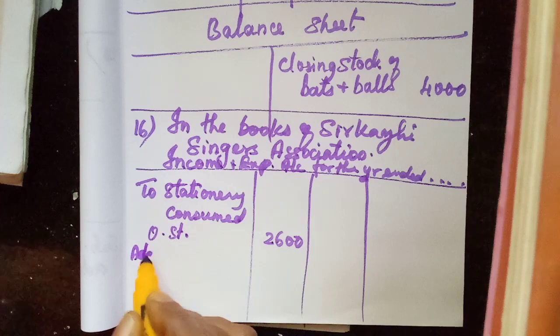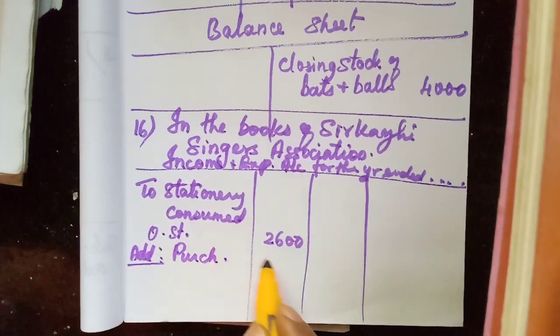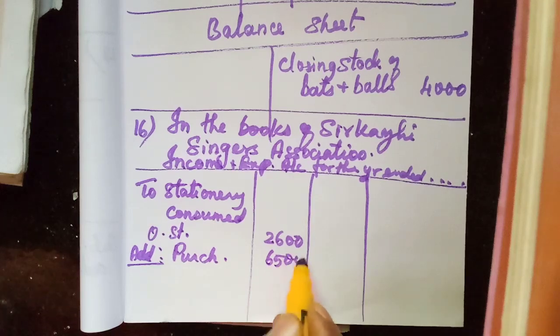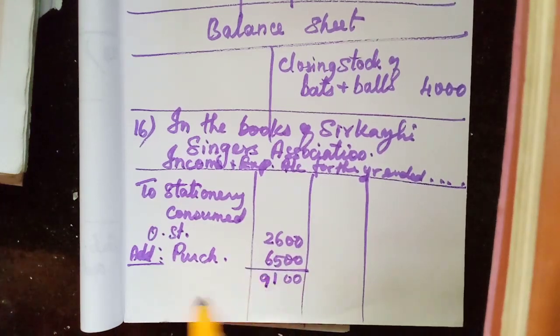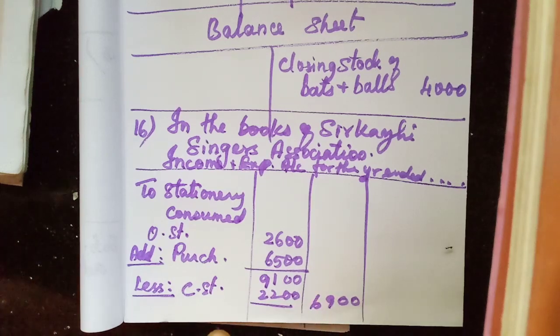Add purchases 6,500. 7 plus 2, 9. Less closing stock 2,200. Right here, 11 minus 2, 9. 8 minus 2, 6. So 6,900.